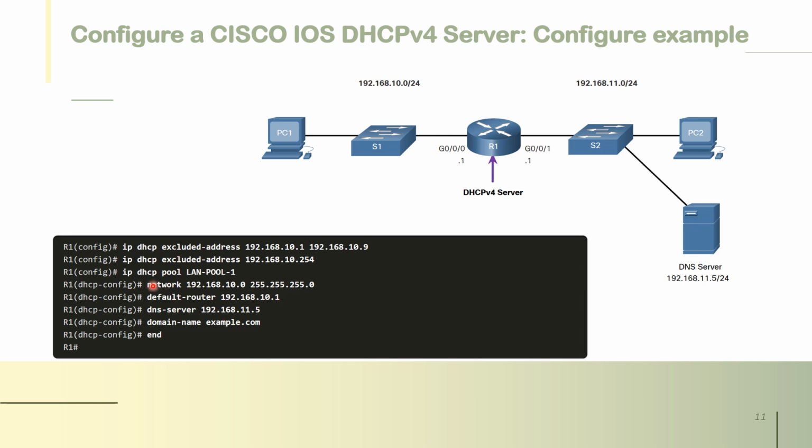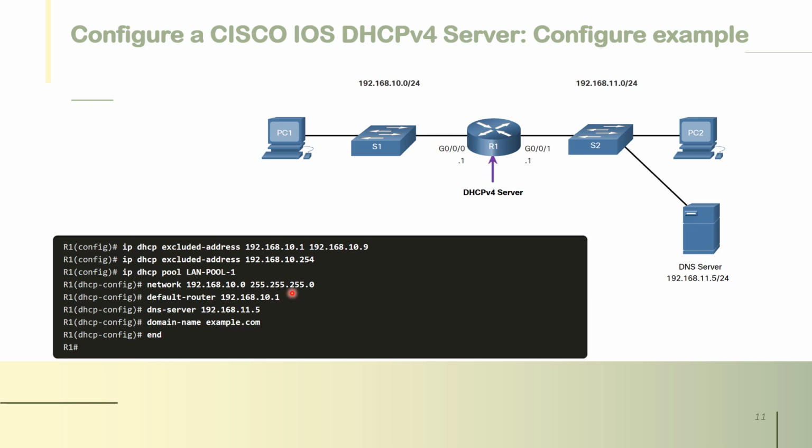We understand that we are now configuring the pool by the syntax, which means that we are configuring the DHCP version 4 server. First, we will define the address pool by using the network command followed by the IP of the network and the subnet mask, defining all the IPv4 addresses of /24.